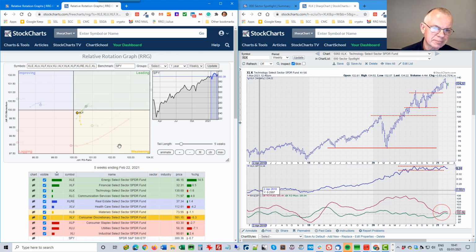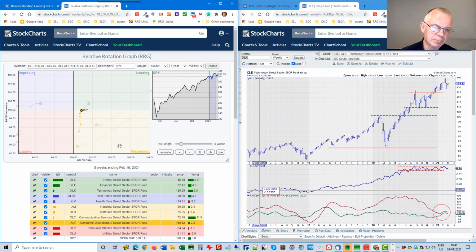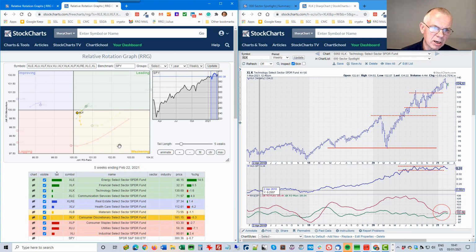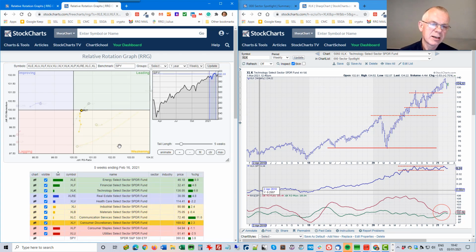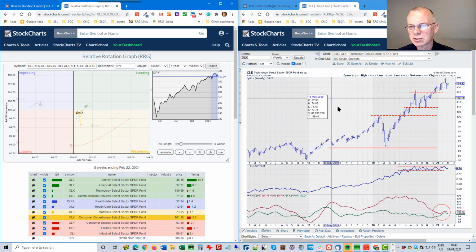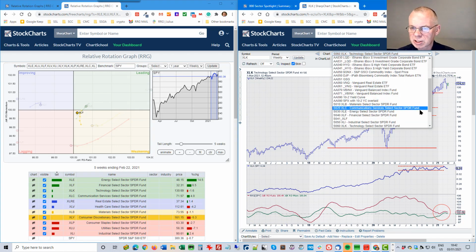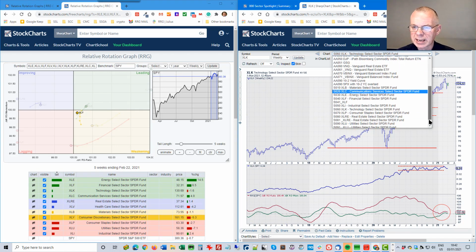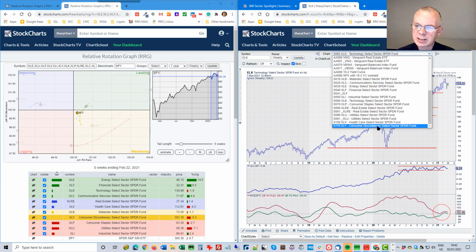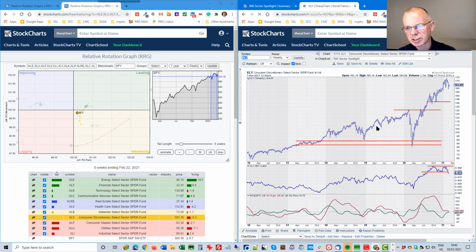And we got the discretionary, where you see that moved to the left. So this is the previous week, this is last week, and we're now getting the follow through on Monday. So it looks to be ending its rotation back up and moving to the left, and that is also something that is slightly worrisome, and I'd like to see that change in the near future for discretionary to actually again pick up that leading role.